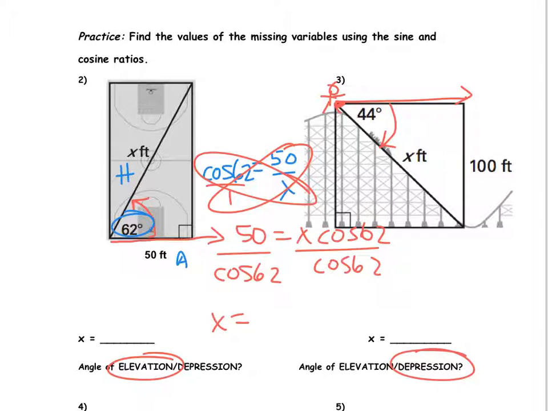Notice that we are solving for the hypotenuse, which means that we should get a number greater than 50. 106.5, I heard. Anybody not getting that from typing it in? You should practice typing it in. All right?